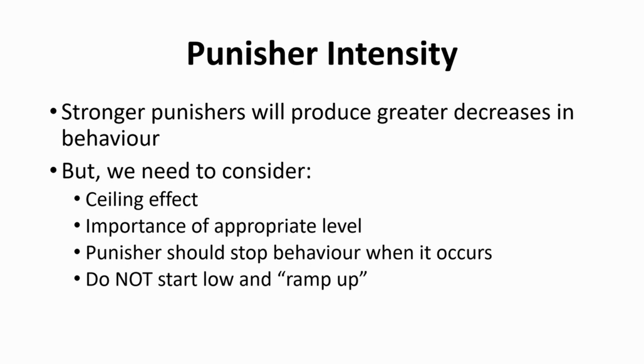So stronger punishers tend to produce greater decreases in behavior unless we see these situations. The first of these is a ceiling effect, where depending on what kind of punisher you're using, there's going to be a maximum amount of reduction in behavior that you can observe.